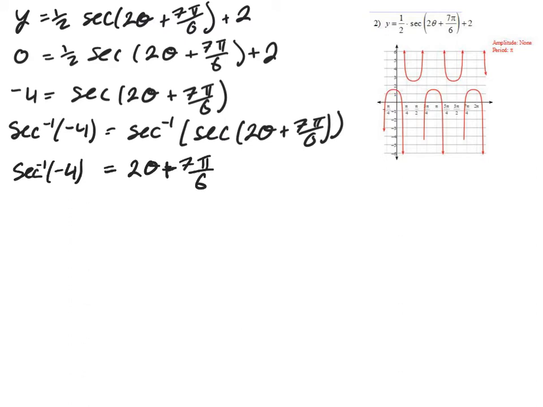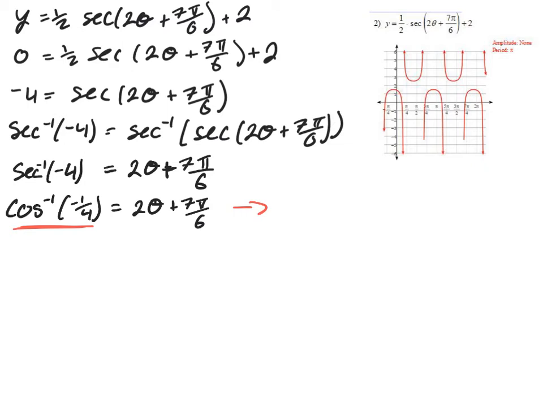So we're going to, again, use that property, inverse secant of some value x equals inverse cosine of 1 over x, because I always just want to be dealing with sine or cosine or tangent whenever possible. So we're going to rewrite this as inverse cosine of -1/4 equals 2 theta plus 7 pi over 6. Here we want to be looking at this inverse cosine of -1/4.